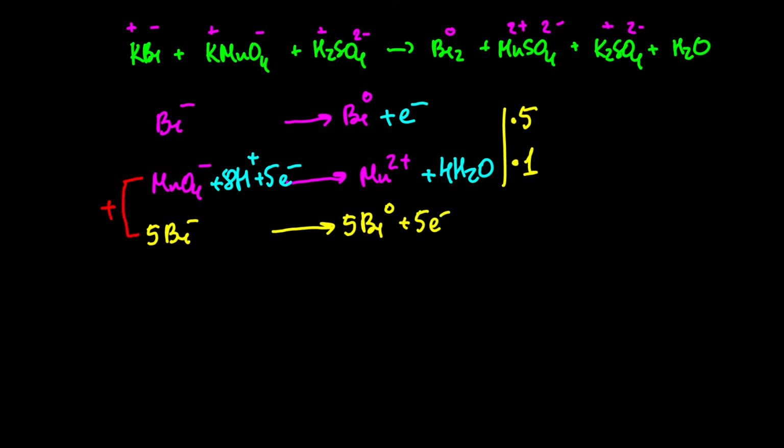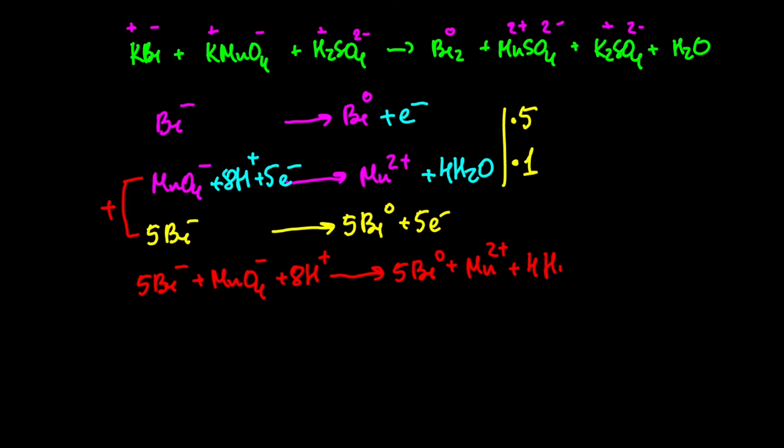So what we get is 5Br- + MnO4- + 8H+ → 5Br + Mn2+ + 4H2O. All that's left is to write coefficients in the reaction.